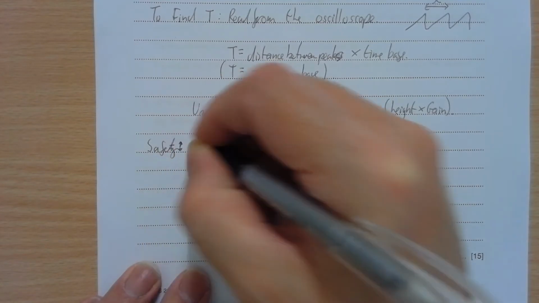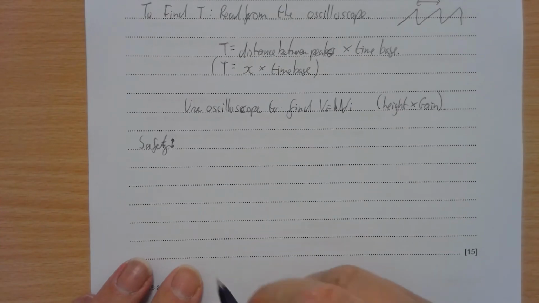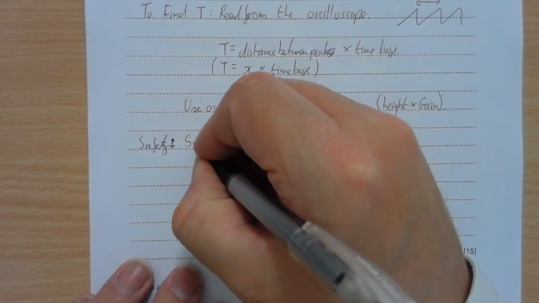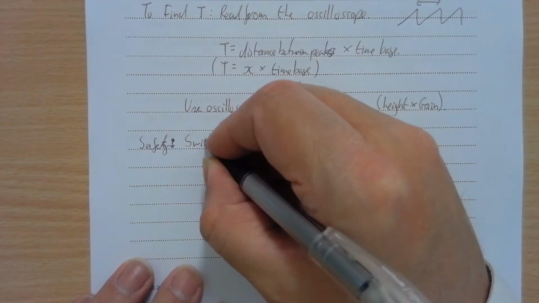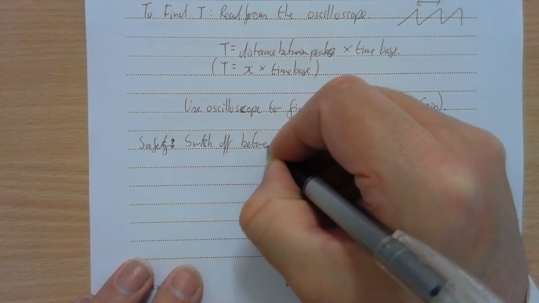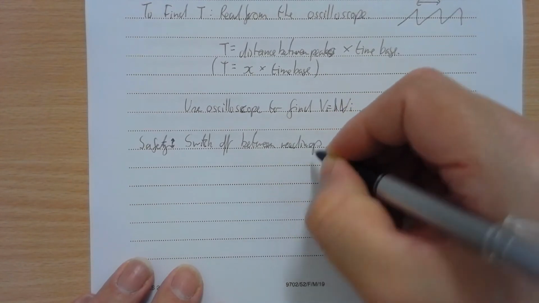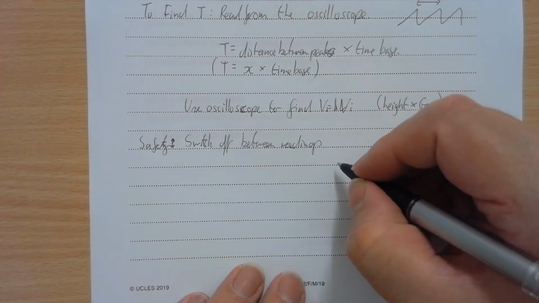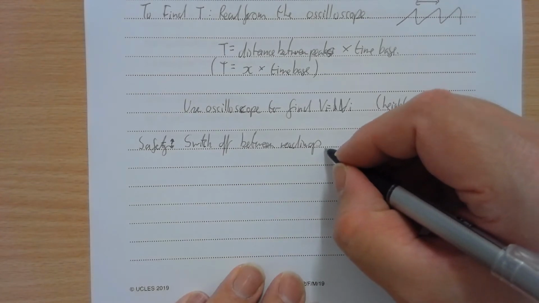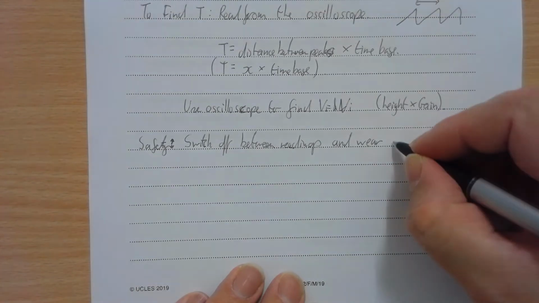Let's think about safety. What's going to be dangerous here? If it's got 90 volts, you could get an electric shock. So the first thing is switch off between readings. And we could wear insulating gloves.